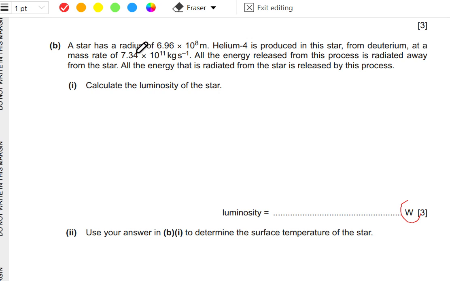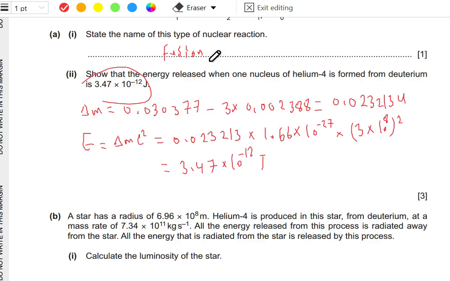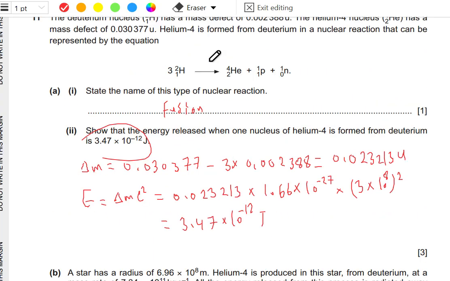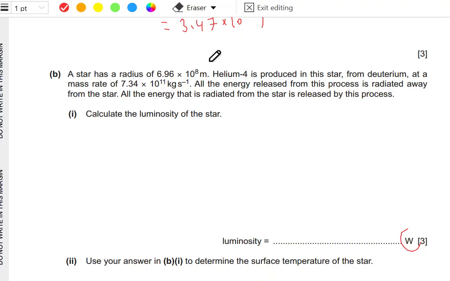So we need to know this mass represents how many helium nuclei produced. And we know the energy for a helium produced from this fusion reaction. So we simply get the answer.